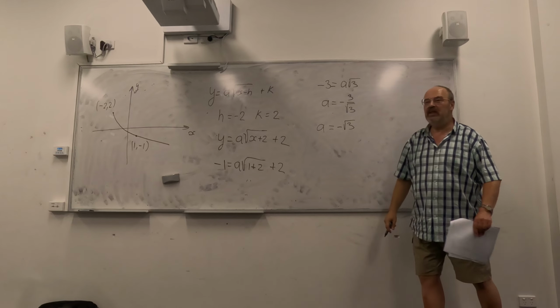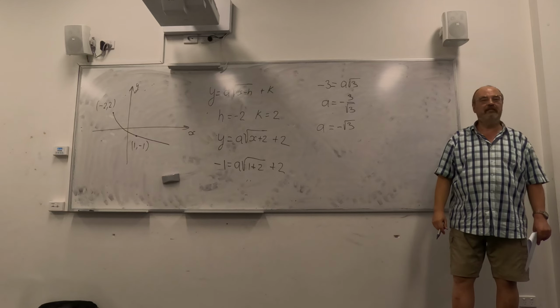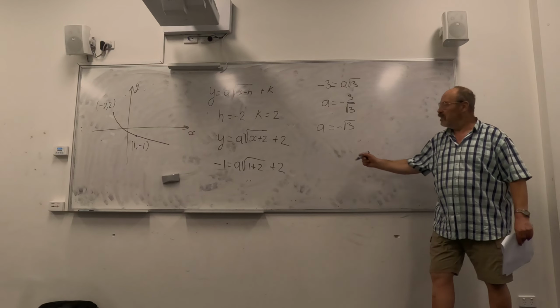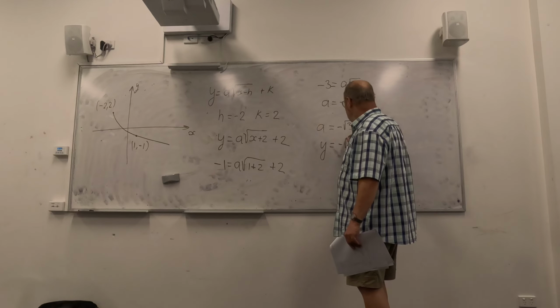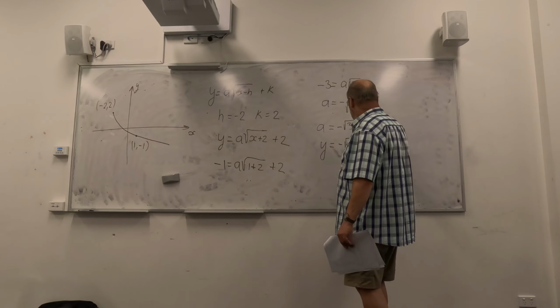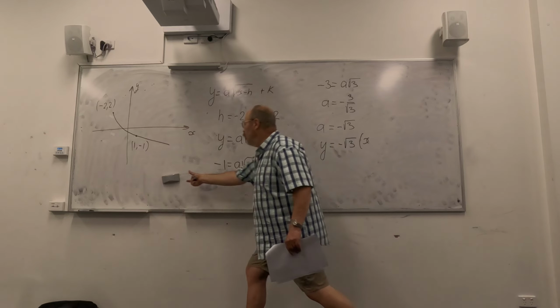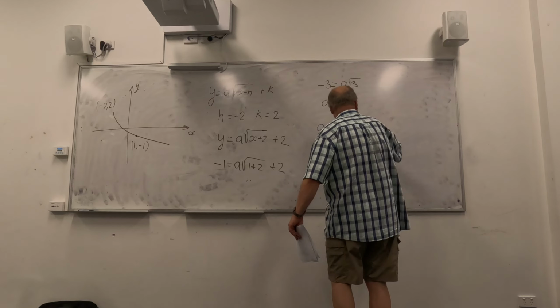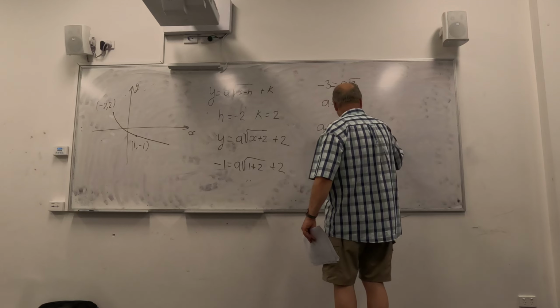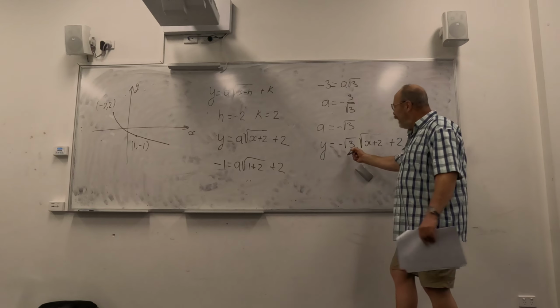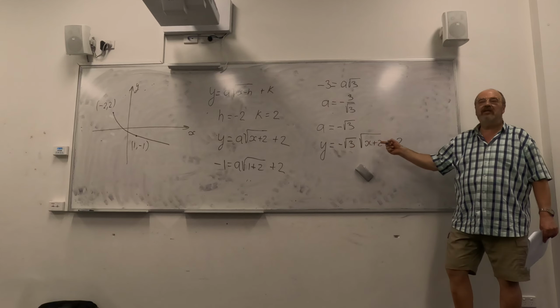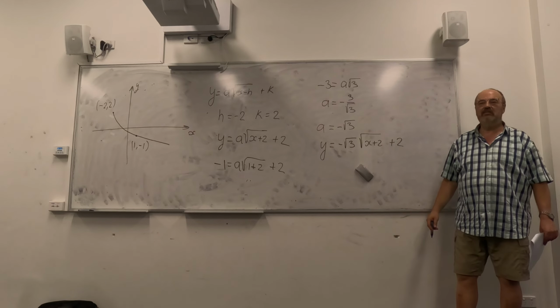So the final equation is y equals negative root 3 times the root of (x plus 2) plus 2. We can take this inside the square root, but we don't have to.